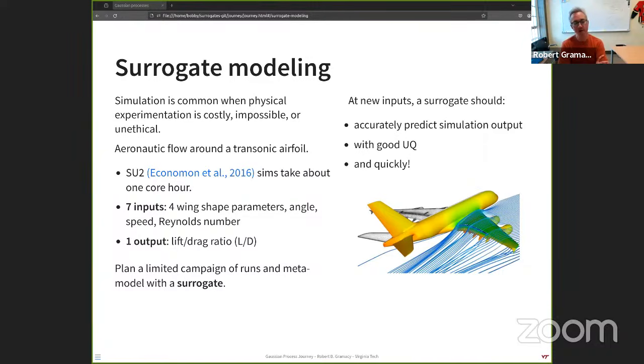So a surrogate model is a model that you fit to a simulation campaign. So the data is coming from a computer experiment that's virtualizing some system. And you would do this whenever the actual experiment that you might want to do is too costly, because in this case, you would have to build an airplane in order to do the experiment, or impossible, like because you want to study how a spacesuit would work on an astronaut while they're on Mars.